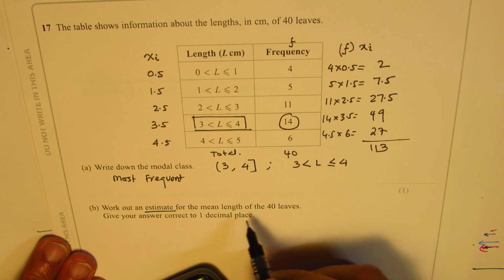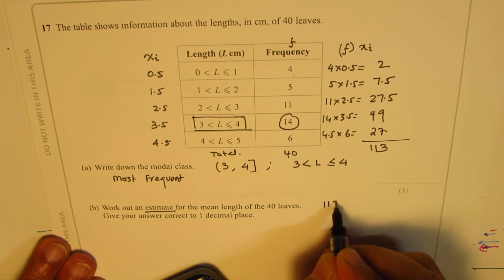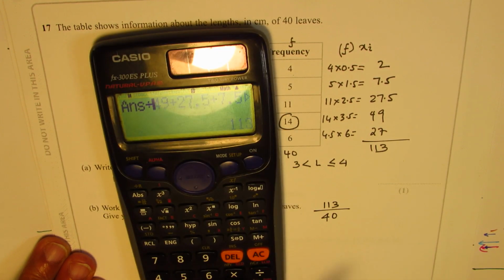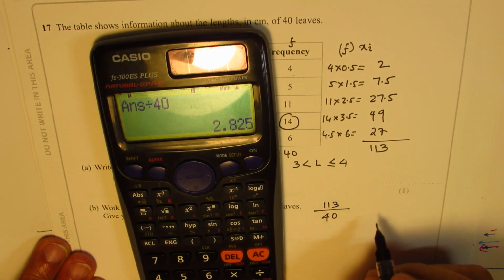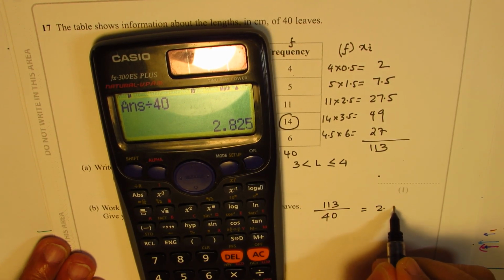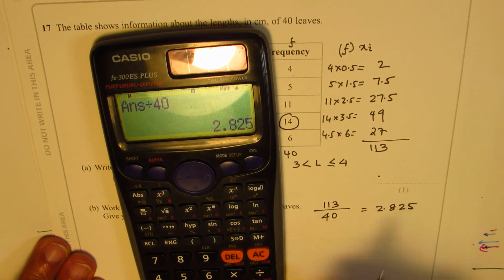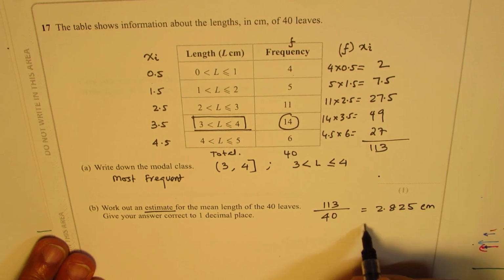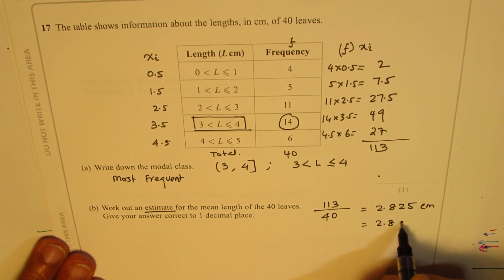So the average will be 113 divided by 40. So we'll divide this by 40 to get our answer. In decimals, it is equal to 2.825, correct? Centimeters. Now it says give your answer to 1 decimal place, so it is equal to 2.8 centimeters.